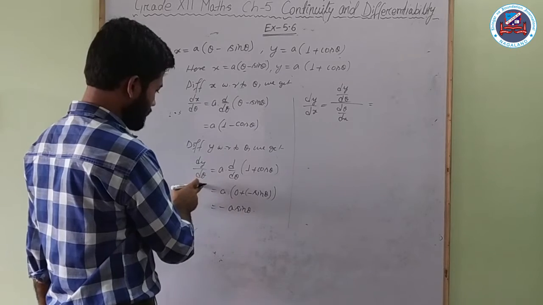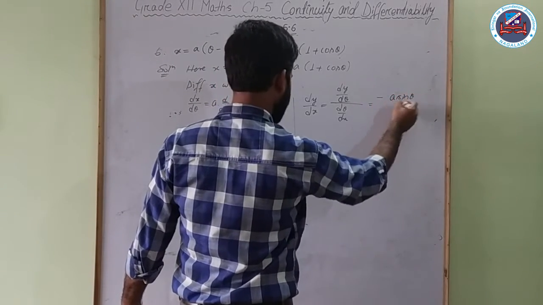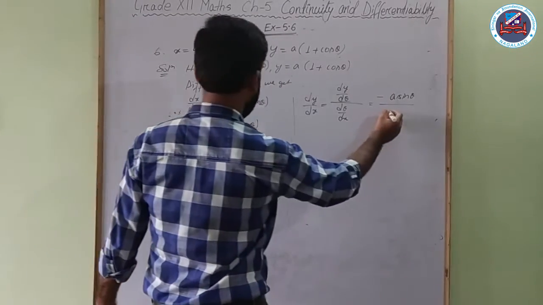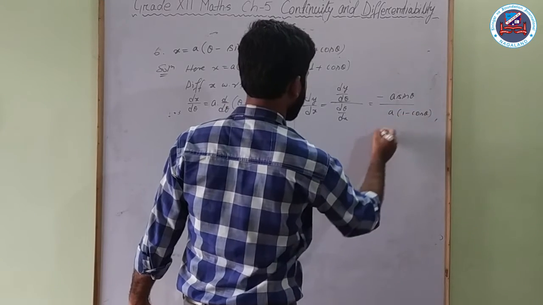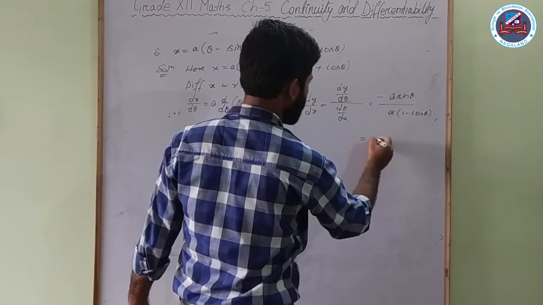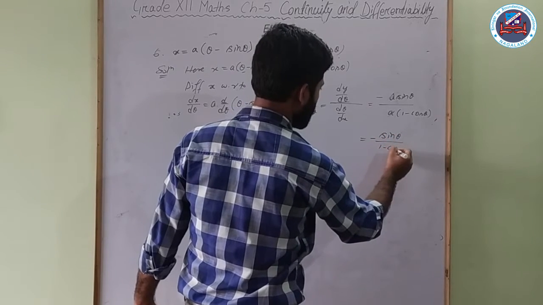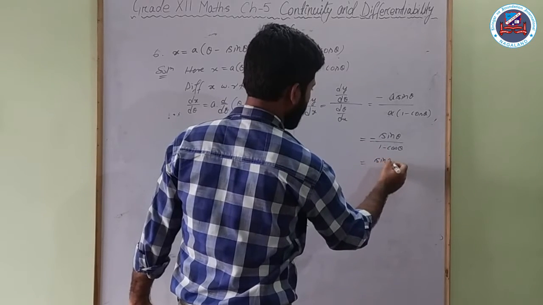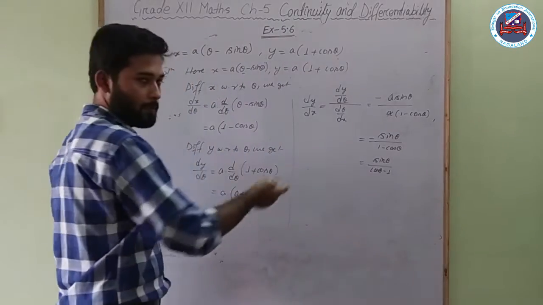It is minus a sin theta, divided by dx by d theta, which is a(1 minus cos theta). So that will be equal to, I can cancel out the a's, minus sin theta by 1 minus cos theta, or we can write sin theta by cos theta minus 1. If we leave it up to this, it will be fine.